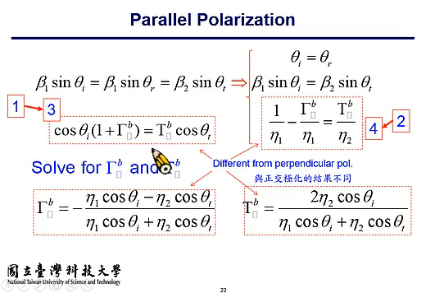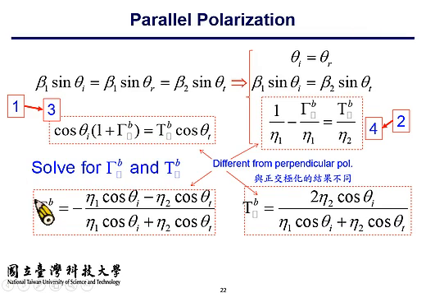And so here are relation 3 and relation 4, and you massage the two equations a little bit. You will end up with the reflection coefficient and transmission coefficient at the boundary for the parallel polarized wave. The formats look familiar from the perpendicularly polarized part.